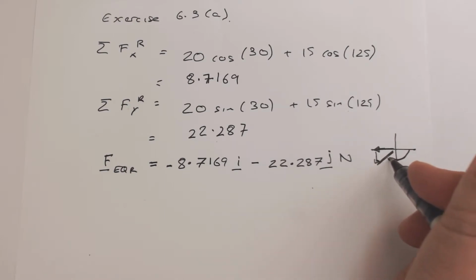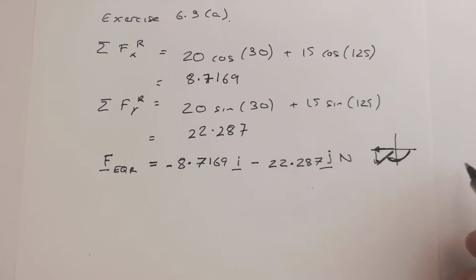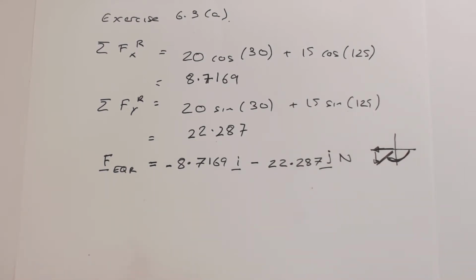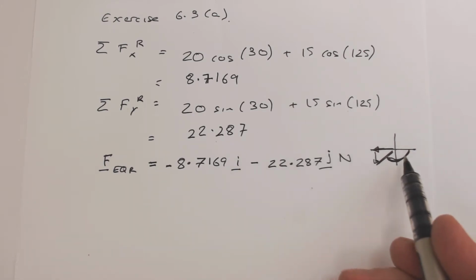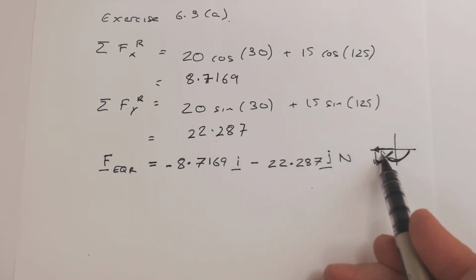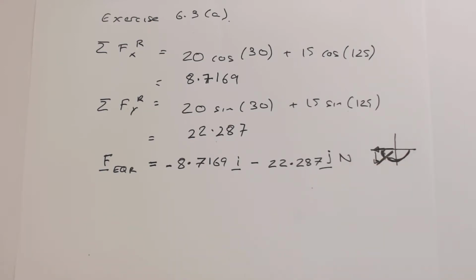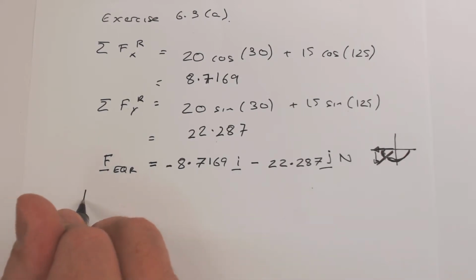So the angle we're looking for is going to be this angle here. So when I put this into my calculator and I do an arctan, I actually expect to get this angle here appearing. So I'm going to have to convert this angle to give me this result here. But before I find the angle itself, I'll find the magnitude.